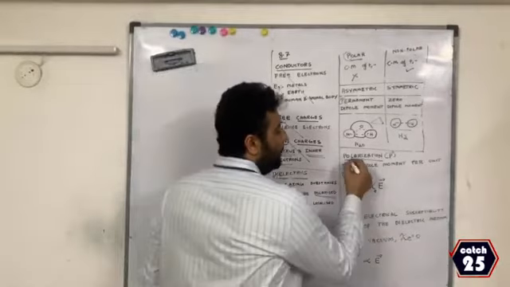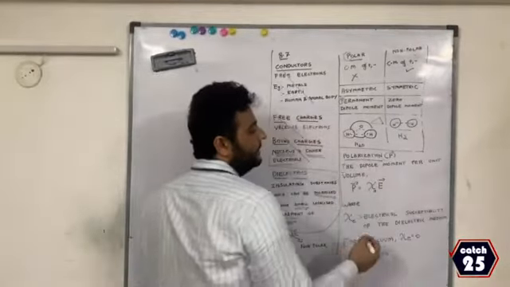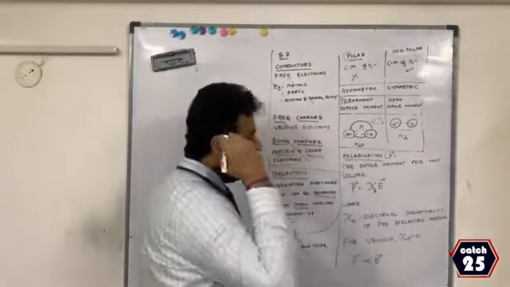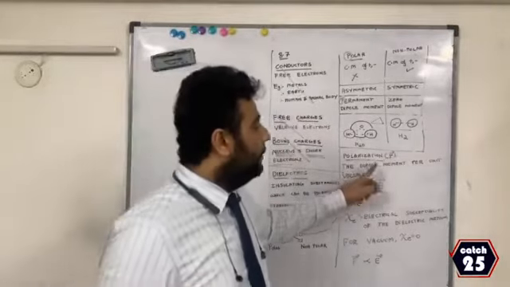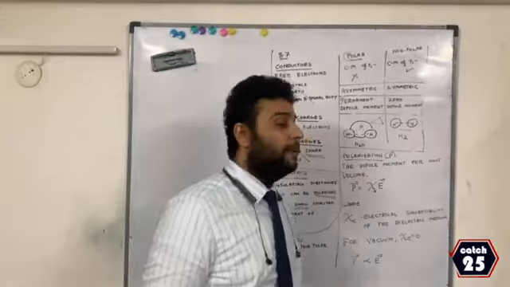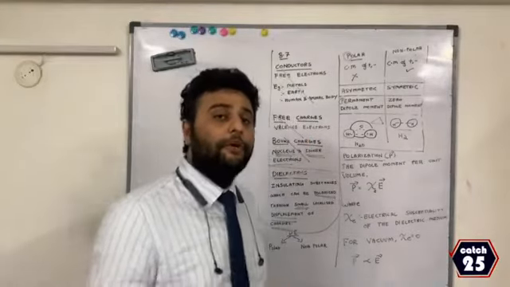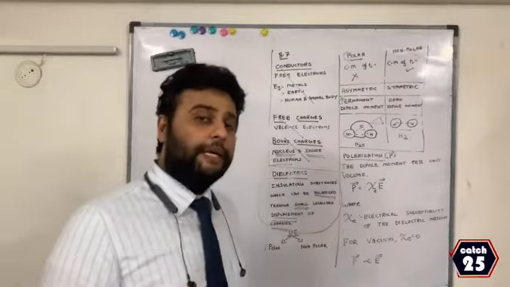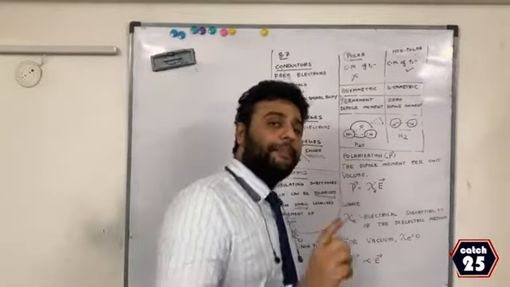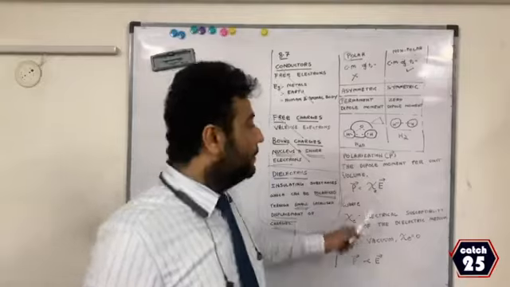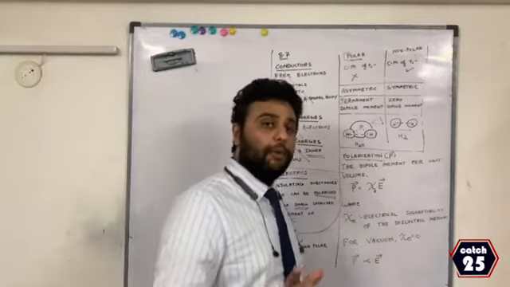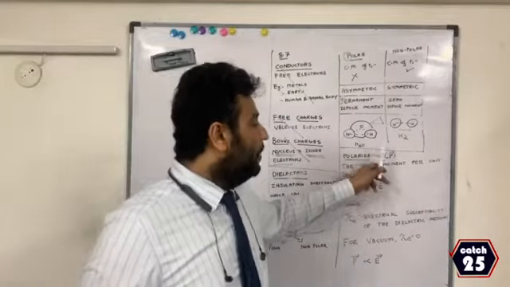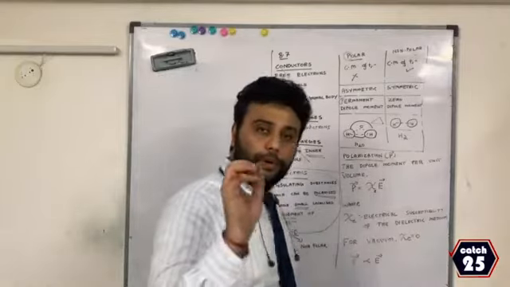Next we come to a topic called polarization. Polarization is denoted by the P vector. The dipole moment per unit volume is called polarization. It is similar to magnetization in magnetism. If you have correlated, magnetization in magnetism and polarization in electricity are both similar. Therefore, the dipole moment per unit volume is called polarization.